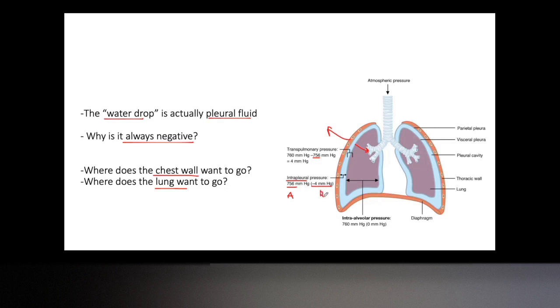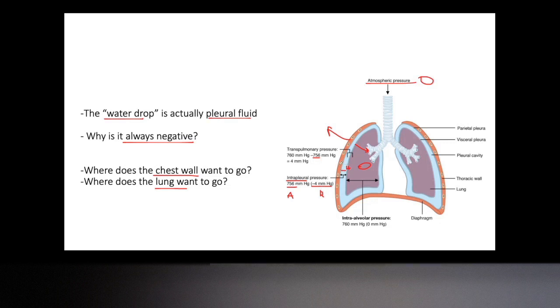Relative to what? Relative to the atmospheric pressure. So if we say atmospheric pressure is 0, then this would be -4. These are not the actual pressures. If I take my invasive catheter pressure meter and put it inside, this will be -4.